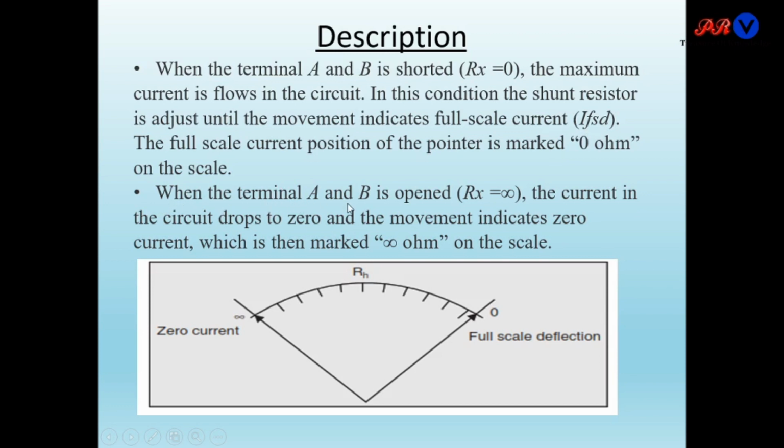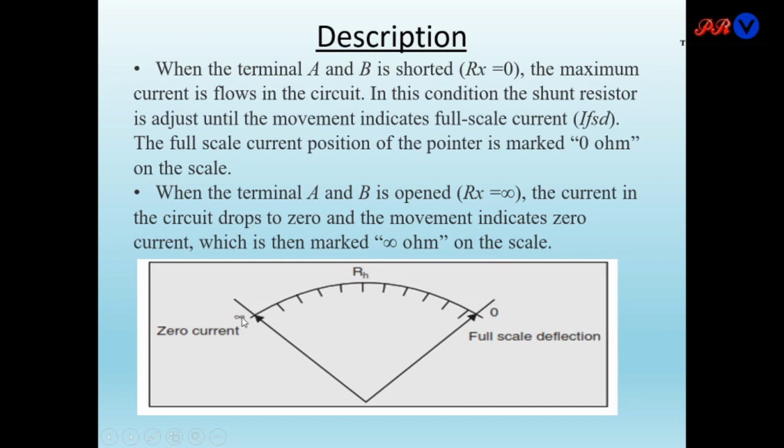When the terminal AB is open, meaning infinite resistance is there, then no current will flow through the circuit, or circuit current drops to 0 and the movement indicates 0 current, which is then marked infinite ohm on the scale. So this is the 0 marking and infinite marking on the scale.